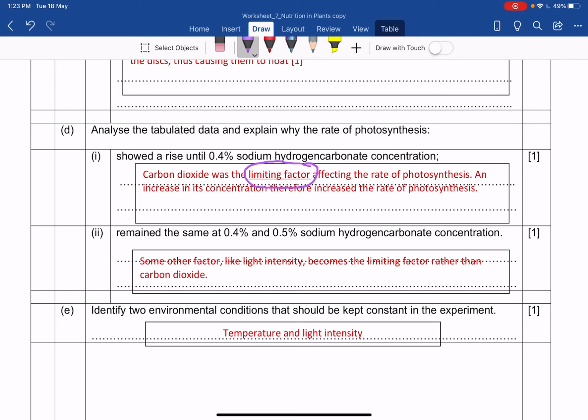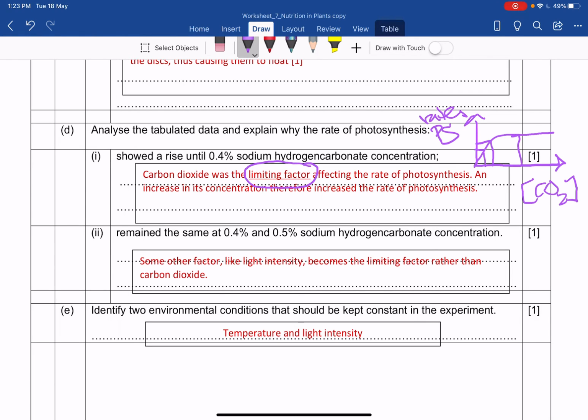And remember that the graph overall will look like the rate of photosynthesis against the concentration of carbon dioxide gas. At the start, when the concentration of carbon dioxide gas is not very high, the rate of photosynthesis will increase when you increase the concentration of carbon dioxide gas.